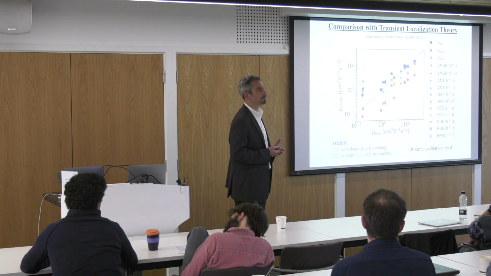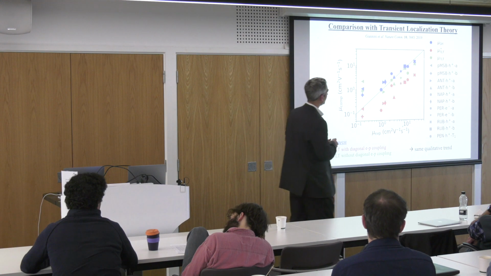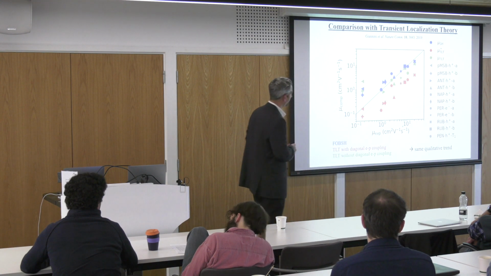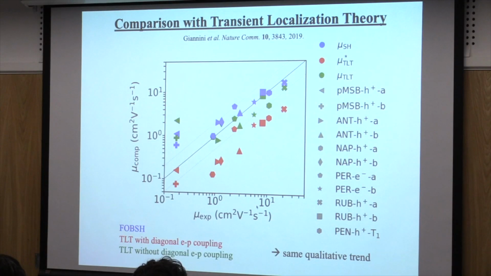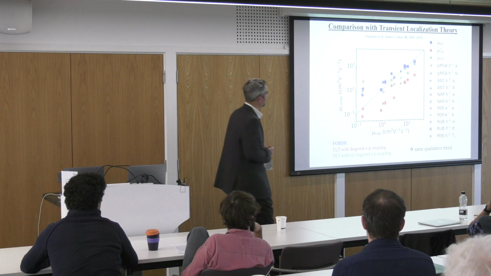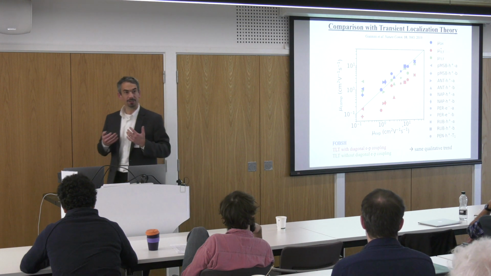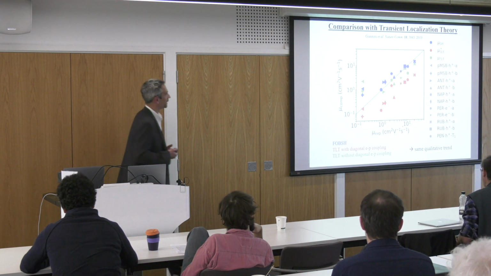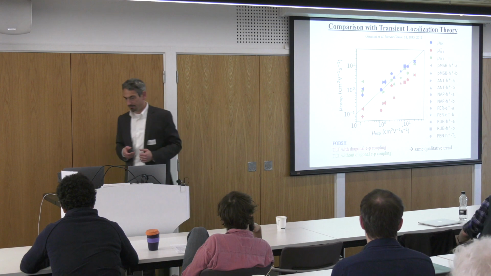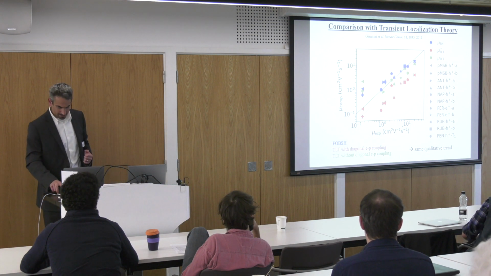Interestingly, if you remove the diagonal electron-phonon coupling, then you get the green data, and then you're almost where we are, but this is sort of inconsistent because we actually have the diagonal electron-phonon coupling in our simulation. This is just to say that the qualitative trends between these two different approaches to charge carrier mobility give comparable results.